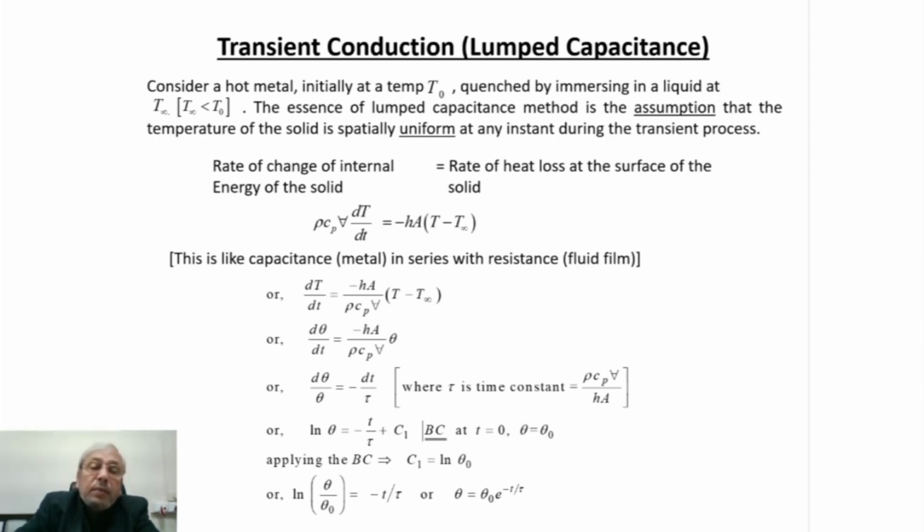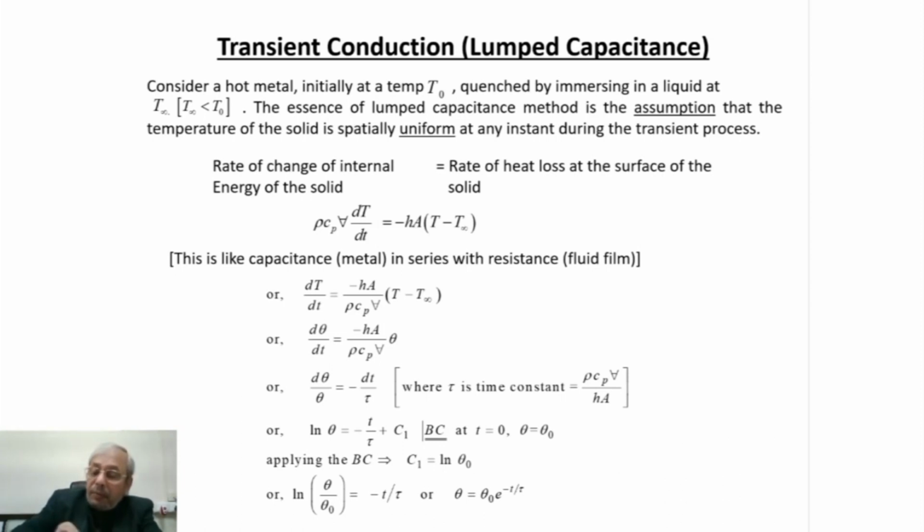Now from here we can write dT/dt equal to minus hA over rho Cp V times (T minus T infinity). So d theta/dt equal to minus hA over rho Cp V times theta, where theta is T minus T infinity.